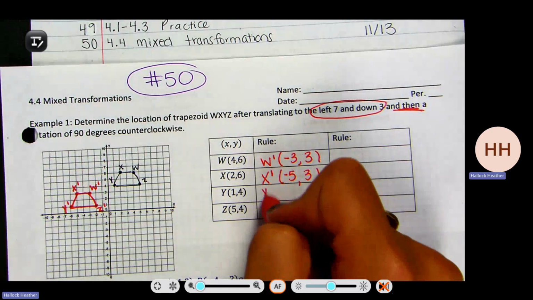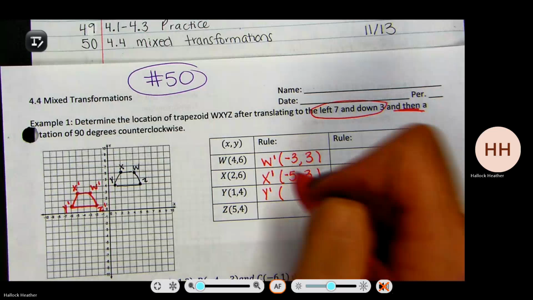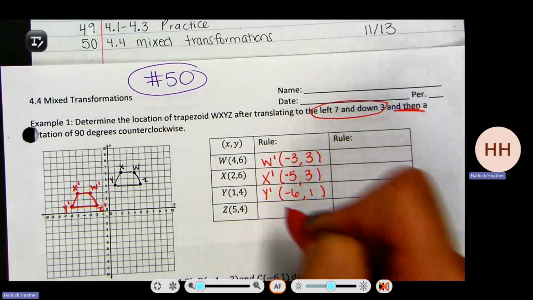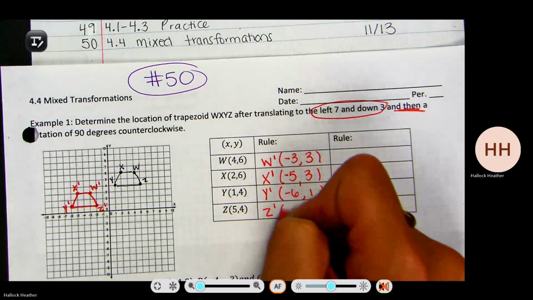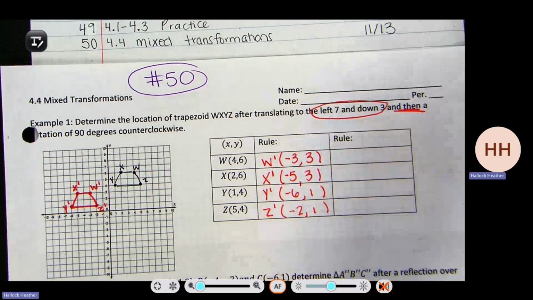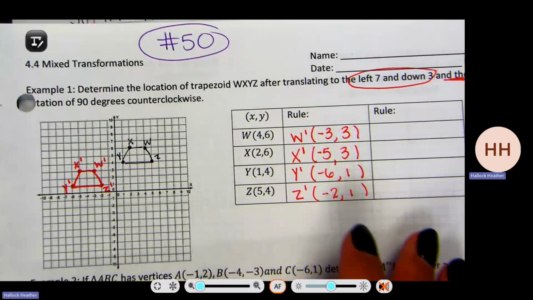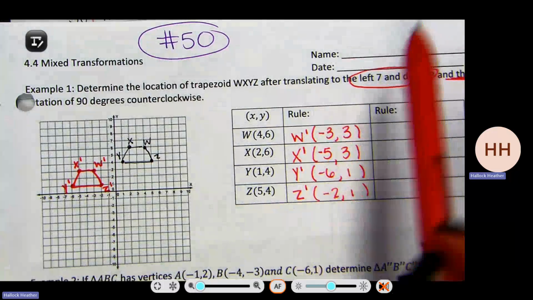And then Y prime, -6, 1. And then Z prime, -2, 1.